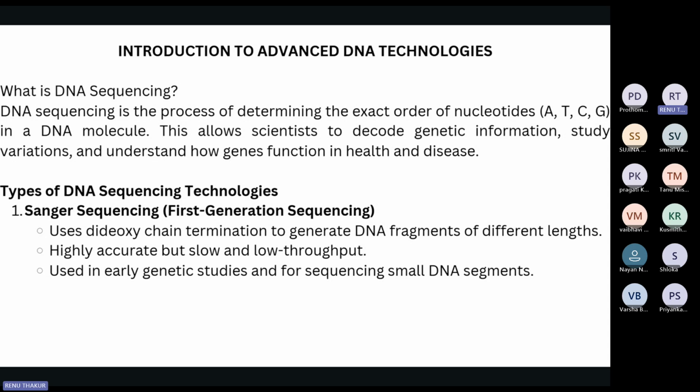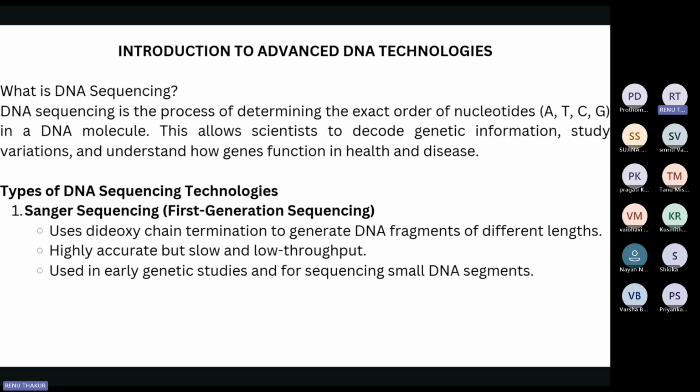It is essential because any variations in the order of these nucleotides can cause genetically linked diseases, which can be diagnosed by sequencing. So that is why we perform DNA sequencing.